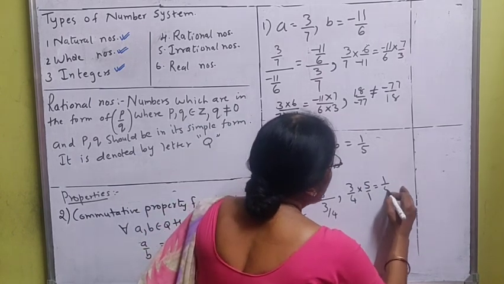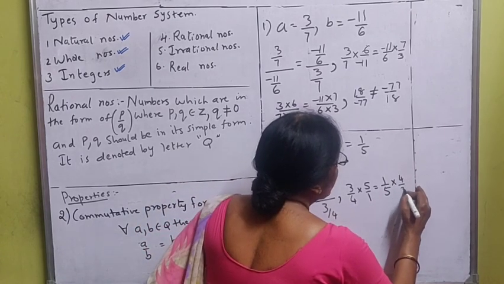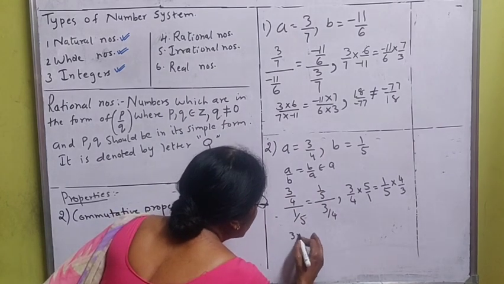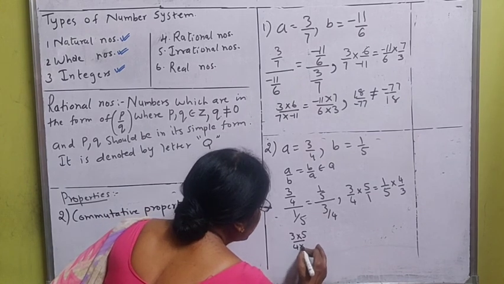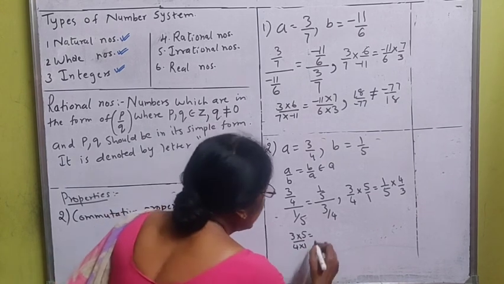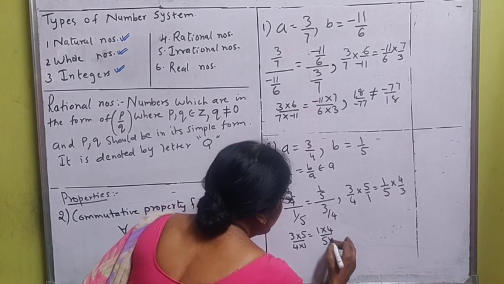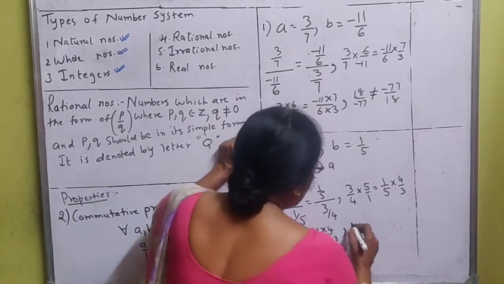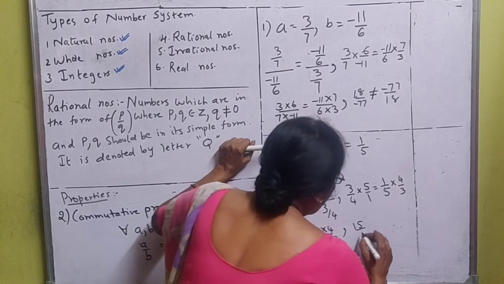Here 1 by 5 will remain as it is, 3 by 4 will become its reciprocal, 4 by 3. Now you multiply. Numerator into numerator divided by denominator into denominator. What shall you get? 3 into 5 is 15. 4 into 1 is 4.